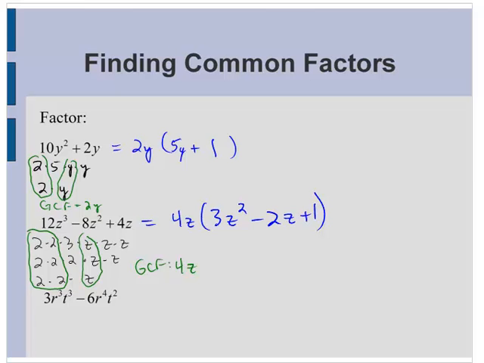All right, and on the third exercise, let's see, we'd have 3, and we'd have an r cube and a t cube. I hope we've seen the pattern now. And the 6 is 2 times 3, and we'd have an r to the fourth and a t to the second. So taking the smaller exponents, our GCF would be 3 r cubed t to the second.